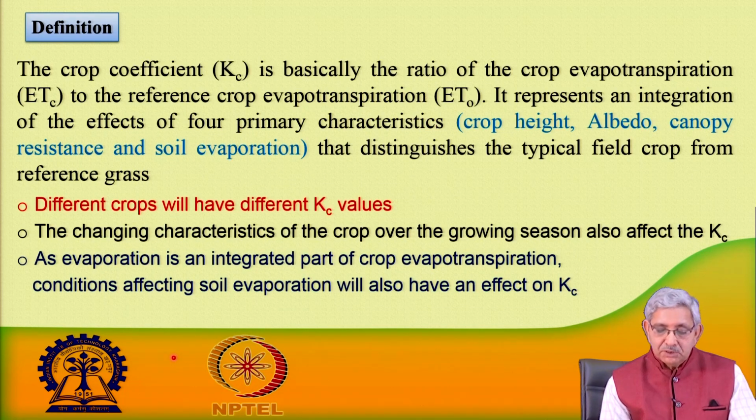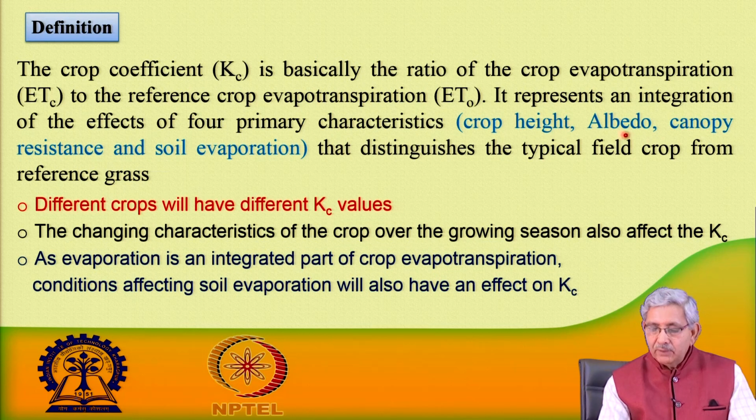Crop coefficient is basically the ratio of actual crop evapotranspiration, which we call ETc, to the reference evapotranspiration, ET naught, and it represents the integration of 4 primary characteristics. What are those 4 primary characteristics?